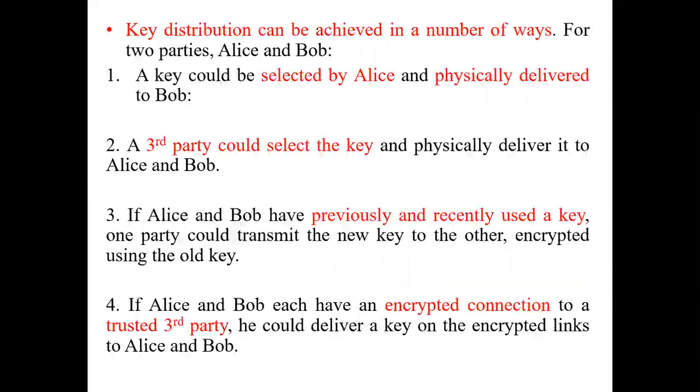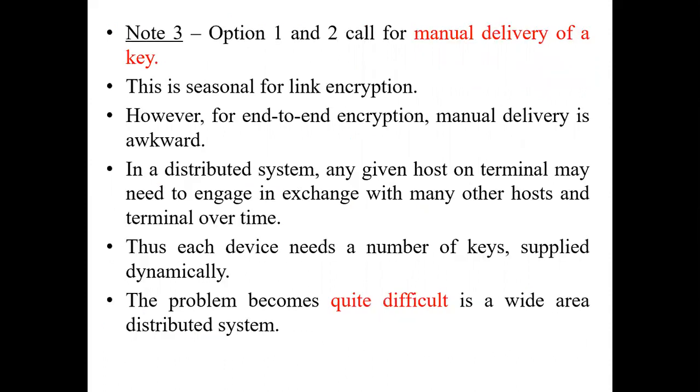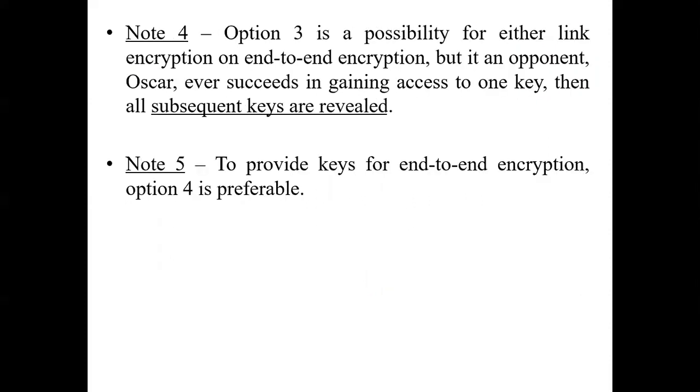See the note 4, option 3. This option, Alice and Bob have already used a key previously. Option 3 is possible for only link encryption or end-to-end encryption. If an opponent ever succeeds in gaining access to one key, then all subsequent subkeys are revealed.